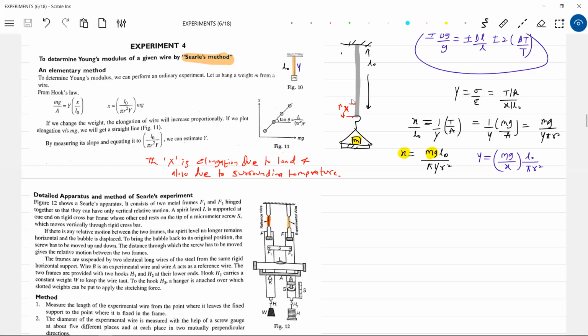But in the formula, X is total elongation. But here we are reflecting only elongation due to load, so there is some error.